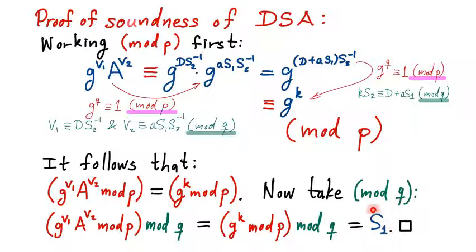So it follows that S1 is actually equal to G^V1 A^V2 mod P mod Q, and therefore DSA checks out, and it is a sound signature system.